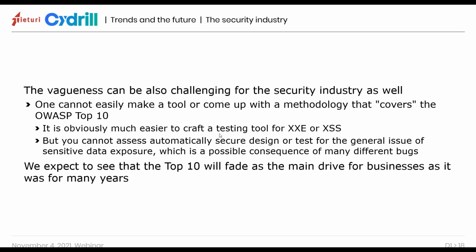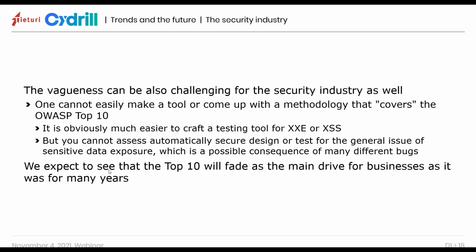One area that's definitely impacted by the new top 10 is the security industry. It's moving away from concrete problems. It's becoming harder and harder to create tools or methodologies that offer full coverage of the top 10. Creating a tool which is testing for XML external entities or XXE is easy, but creating a tool that can assess a program for design flaws is not really feasible.